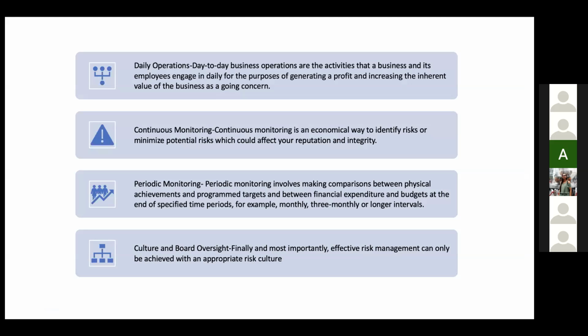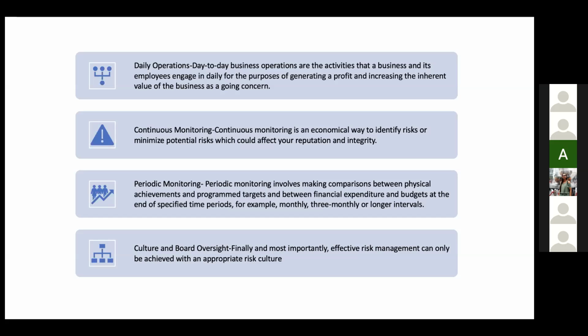So the next one is daily operations. Day-to-day business operations are the activities that a business and its employees engage in daily for the purpose of generating a profit and increasing the inherent value of the business as a going concern. The next one is continuous monitoring.